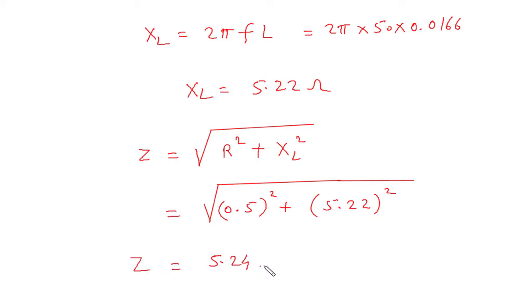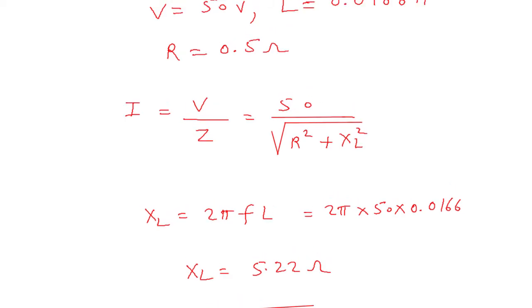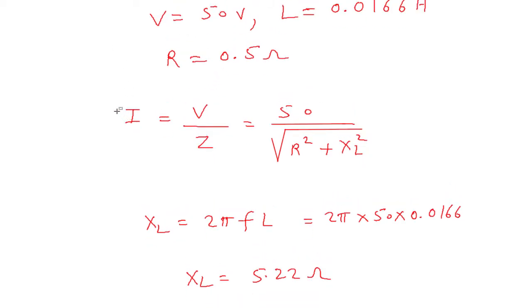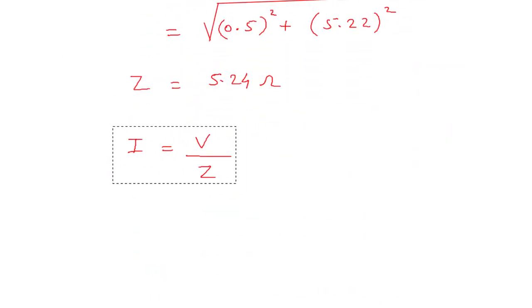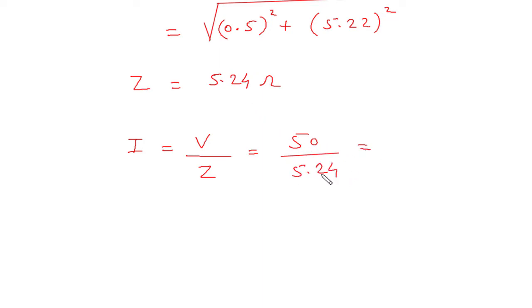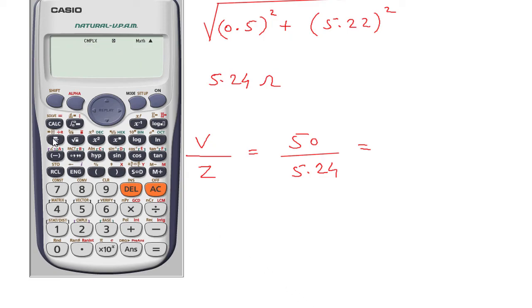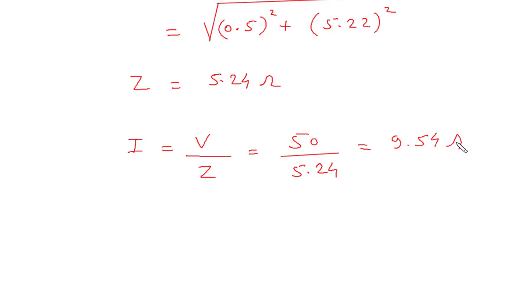The unit of impedance is again ohm. So from this, I is equal to V by Z. V is 50 volt and Z is 5.24 ohm, so this will be 50 divided by 5.24. So 9.54 ampere is the value of current. So I is equal to 9.54 ampere.